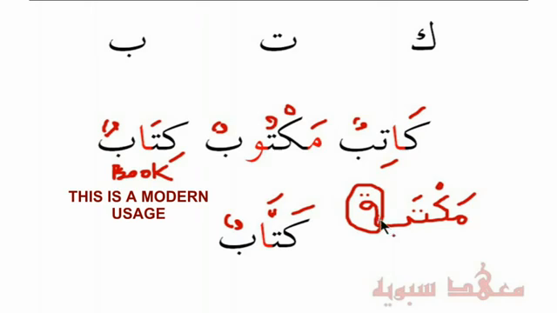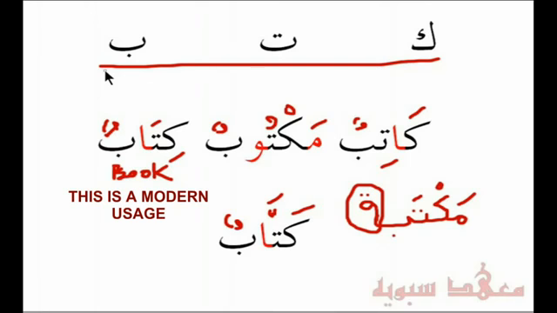So a place where there's a lot of writing is a library. So this is just some of the words derived from these three-letter roots. And this is actually a characteristic of the Semitic languages that God has used for his revelations. You can take any word and derive similar words from the three-letter root. Whatever letters you have, you can derive these types of words, and it can give you all these different meanings.